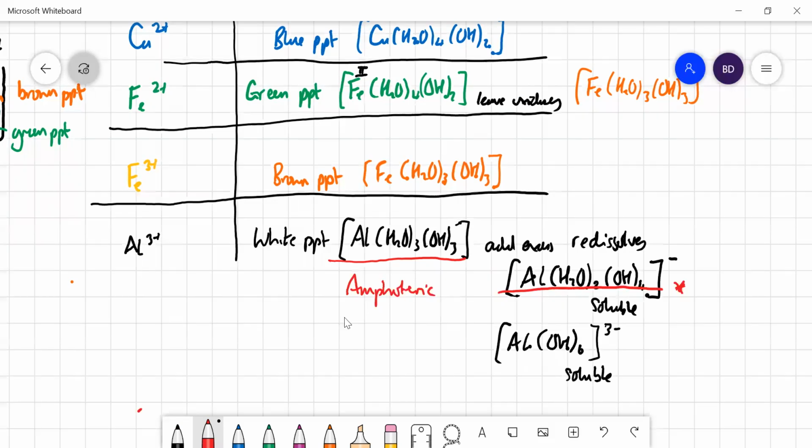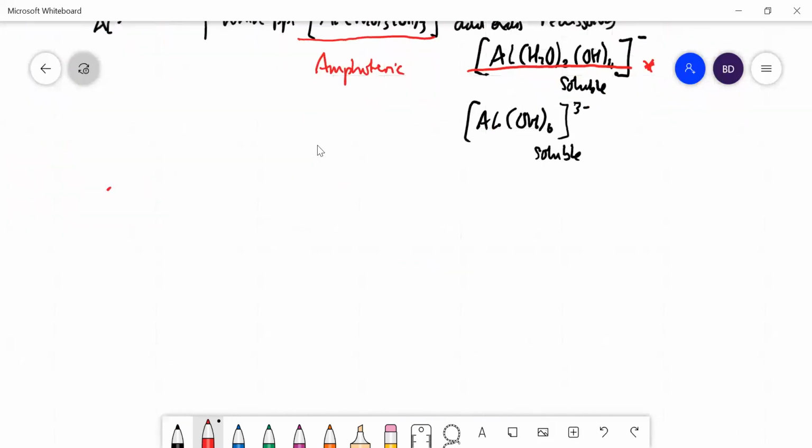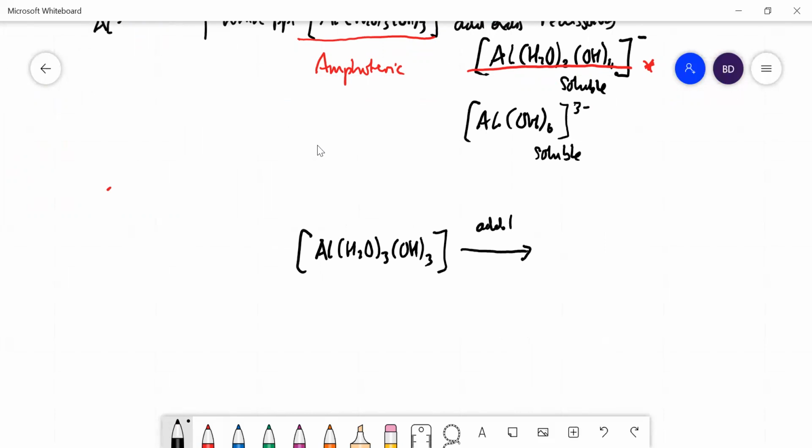So rather than drawing a conventional equation, I'm going to put down this Al(H2O)3(OH)3 in the middle. That's no charge. Now, if I add alkali, excess alkali, I can pull another proton off, and I can form Al(H2O)2(OH)4, and that's got a negative charge on it.